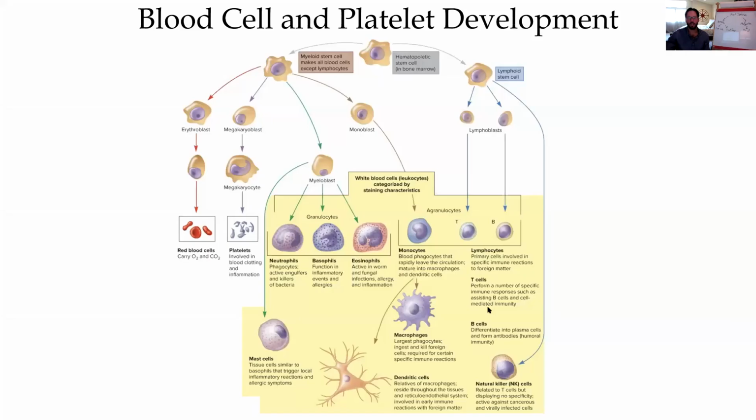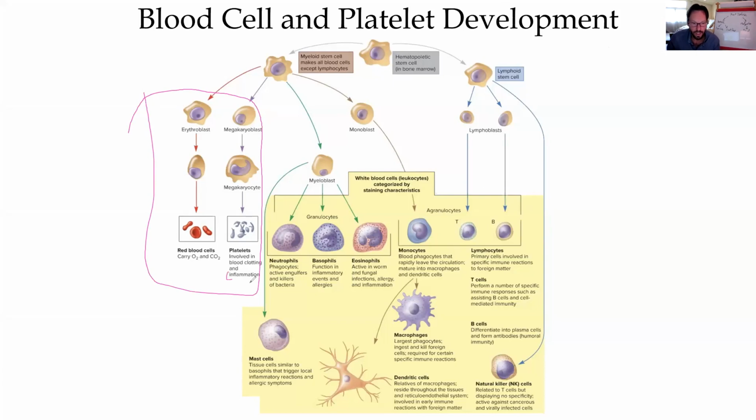So it's important that you know these cells and the lineage, but also whether or not they're first, second, or third line of defense. And if you have your chart or a diagram, then you'll know that these really aren't first, second, or third.